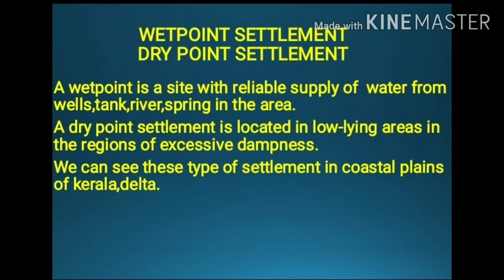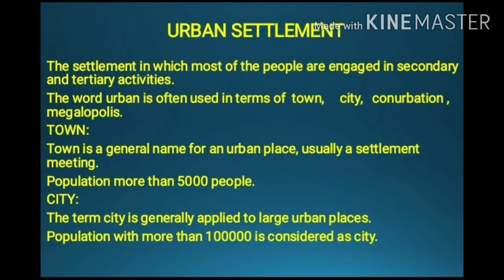The next thing we are going to see is urban settlement. The settlement in which most of the people are engaged in secondary and tertiary activities is known as urban settlement. So, people engaged in secondary or tertiary activities. The word urban is often used in terms of town, city, megacity, conurbation, megalopolis.